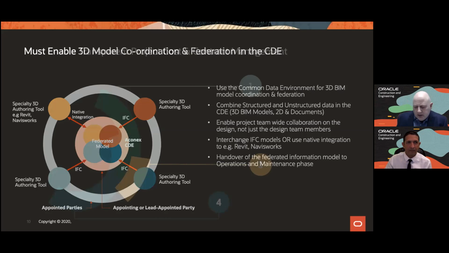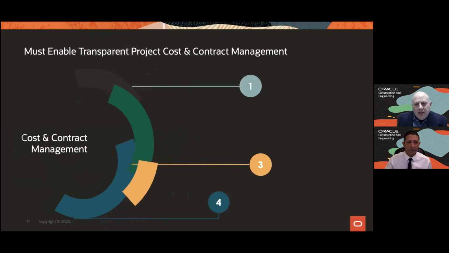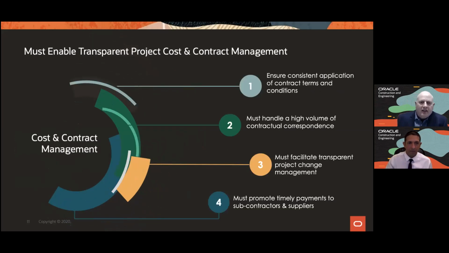And of course, no project is complete unless you can effectively manage project cost and contracts. You must be able to apply those different contract forms consistently. And when you put a collaboration platform in place for people to work on different sites, you must make sure that, number one, that platform supports the contract collaboration.